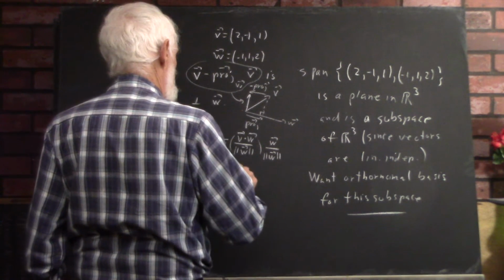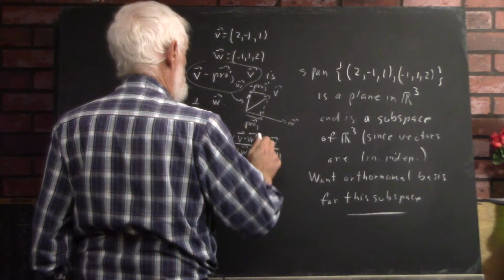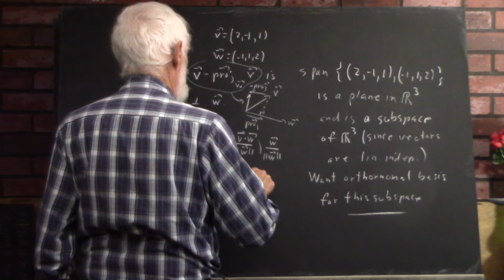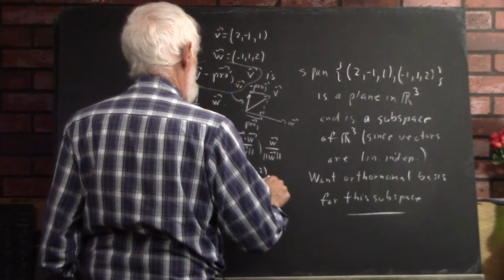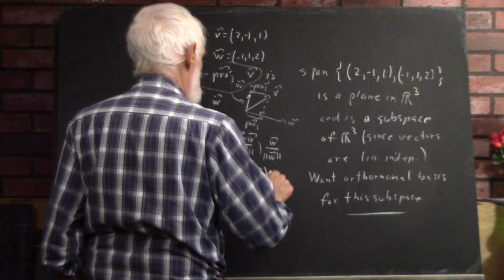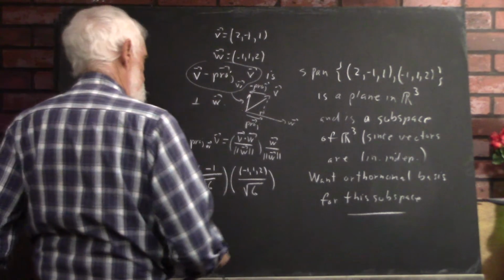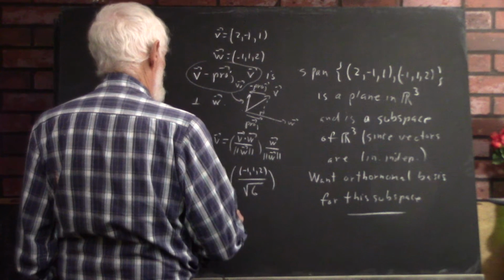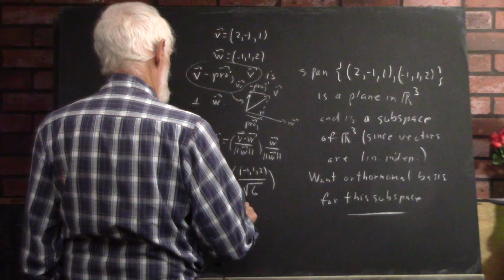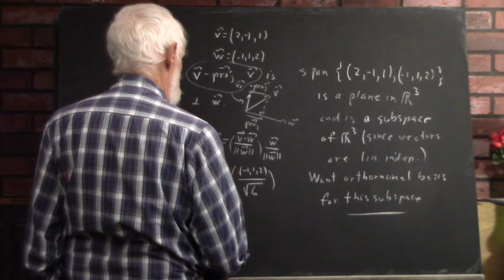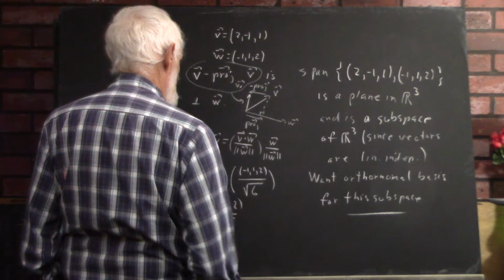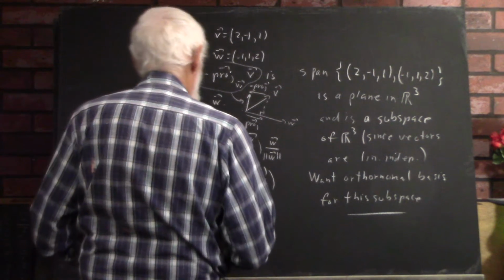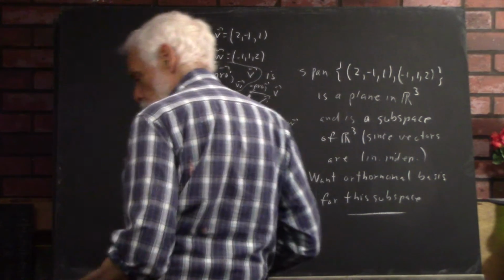And you multiply that by W over its magnitude, which is -1, 1, 2 over the square root of 6. And you get the vector 1, -1, 2 divided by 6, not the square root, because you got the square root twice.